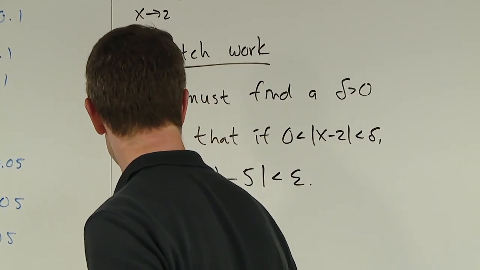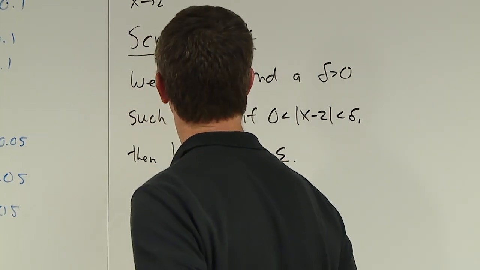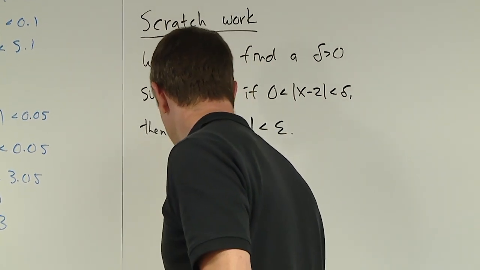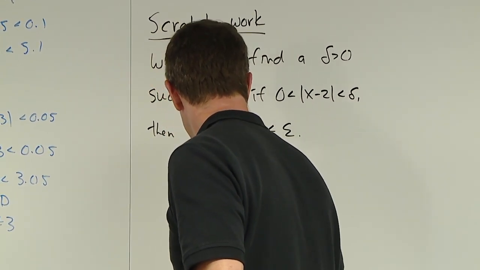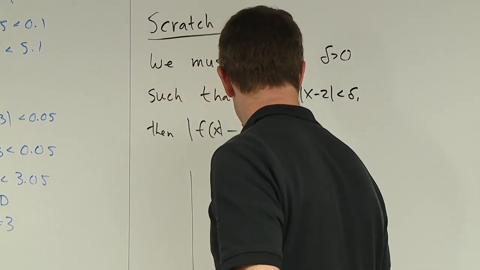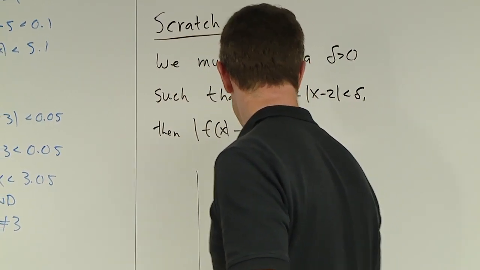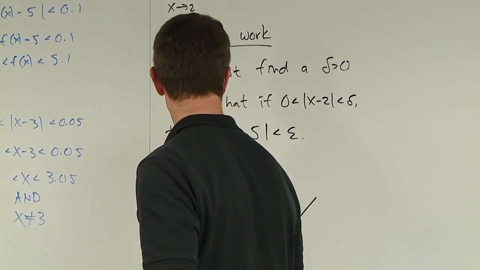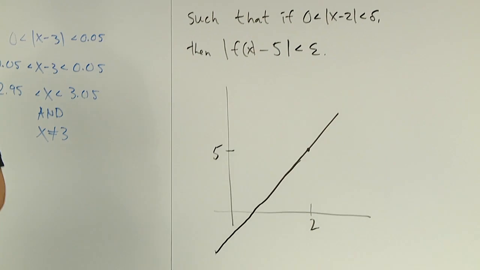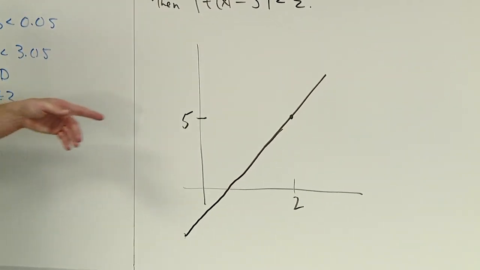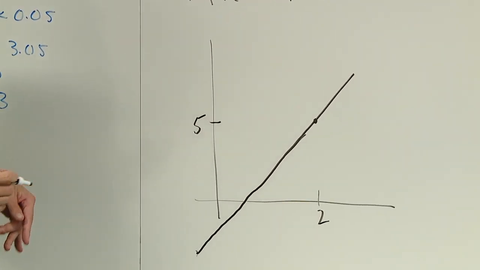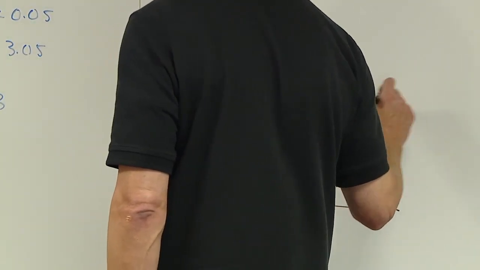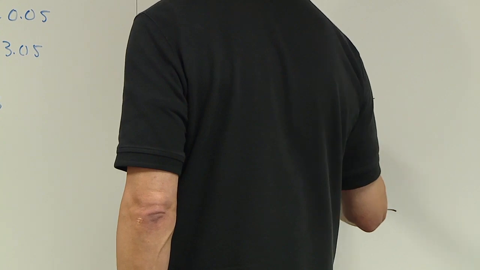So if we look at this as a picture, our function 4x minus 3 is just looking like this. And here we are at x equals 2. We think the limit is 5. The person on the street gives us an epsilon band. The person says you can go up this high and down this low.